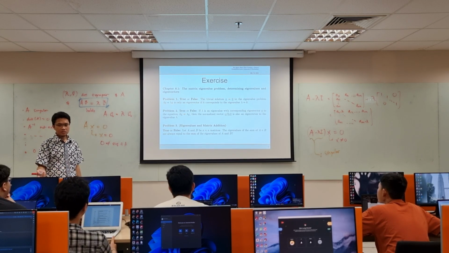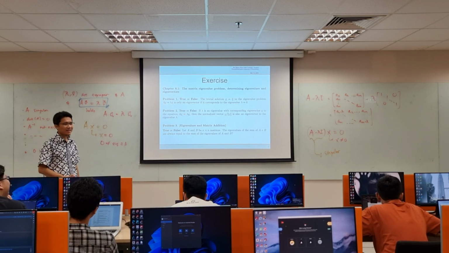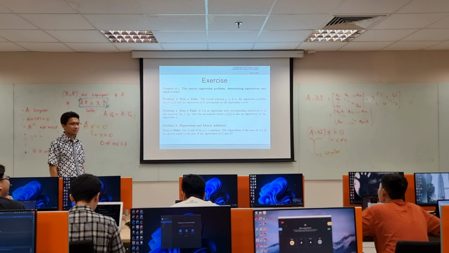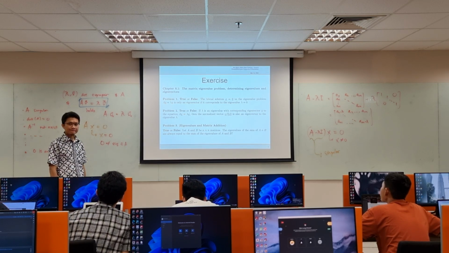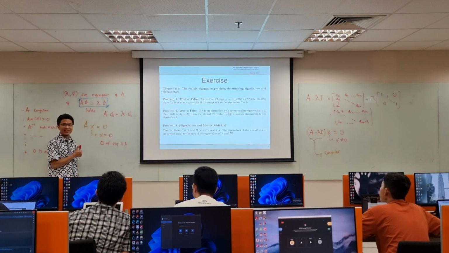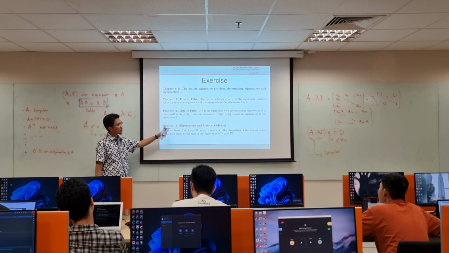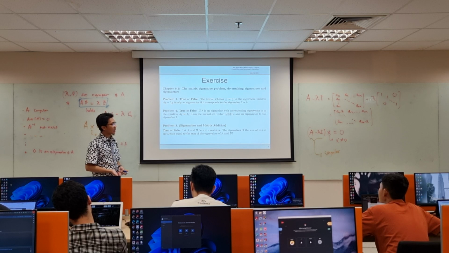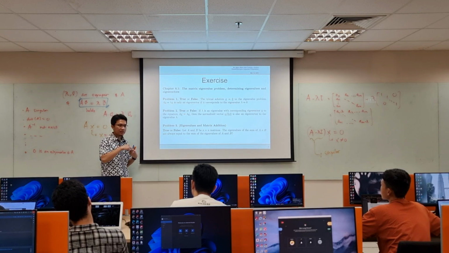What's the reason for true? The statement is true. The normalized eigenvector is also an eigenvector. Why is that so? Because the eigenvector is just a direction.